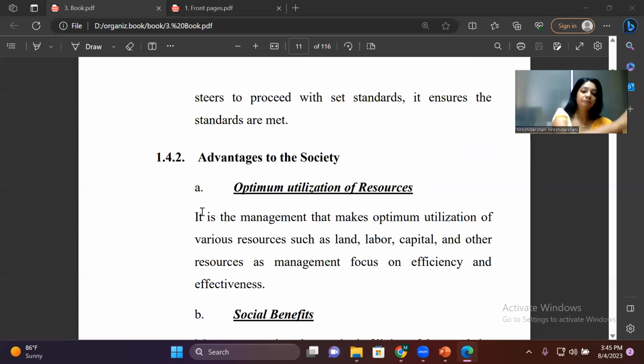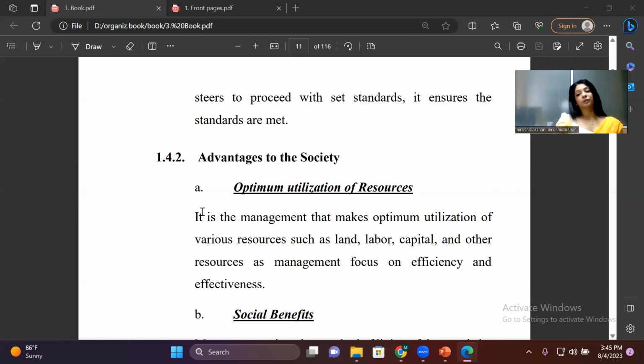So you can see, first one, optimum utilization of resources. Why? We were talking about management: planning, organizing, leading, controlling scarce resources effectively and efficiently. So it says you need to utilize the resources you have in the most optimum manner, right?